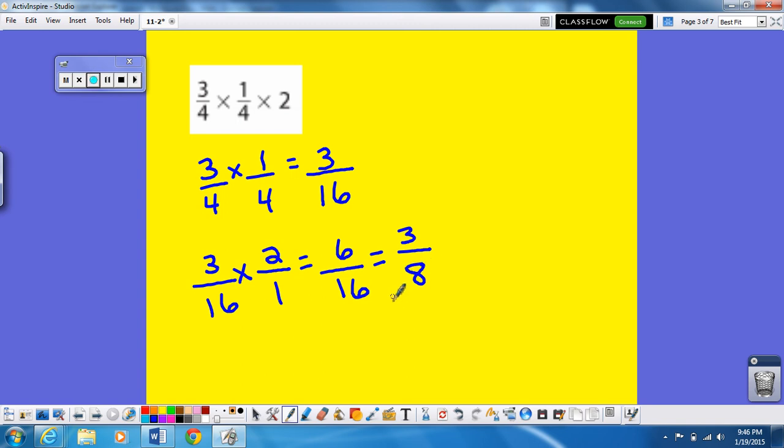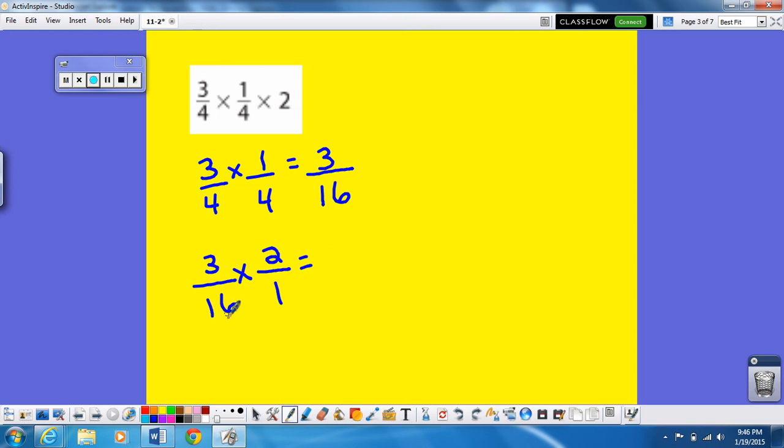Now, I want to show you one of my favorite tricks for cutting out some of the work when you get to this point. If I want to get to where I don't have to reduce when I'm done, I can reduce over here, so I'm going to erase what I've already done and show you another way we can do this. When you multiply fractions, you can do what we call cross-canceling.